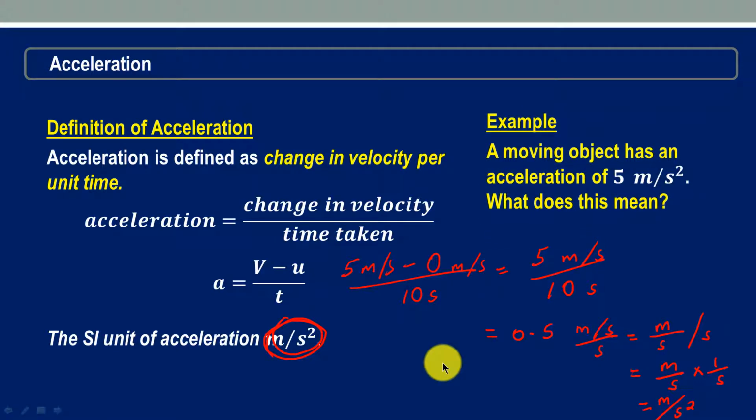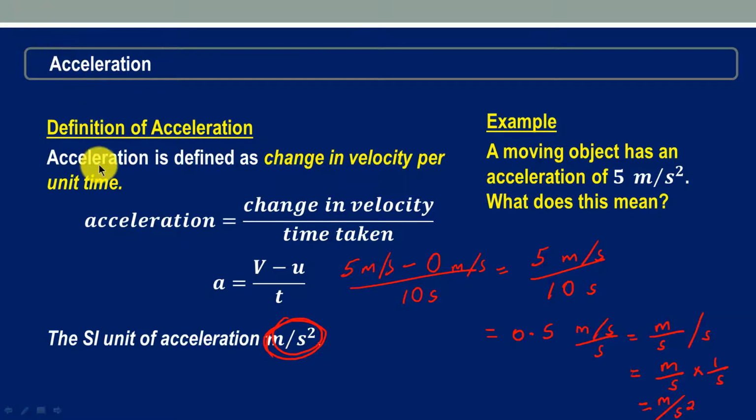To reinforce this point, let's look at an example. In this example, we are told that a moving object has an acceleration of 5 meters per second squared. Now, what does this mean? This is a very important example because trying to understand the meaning of 5 meters per second squared will take us very far in understanding the concept of acceleration.